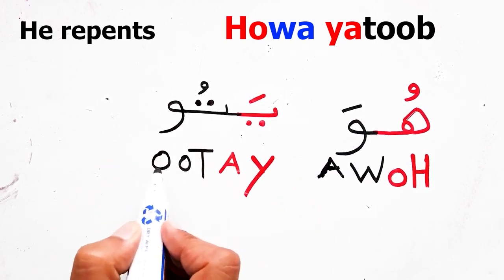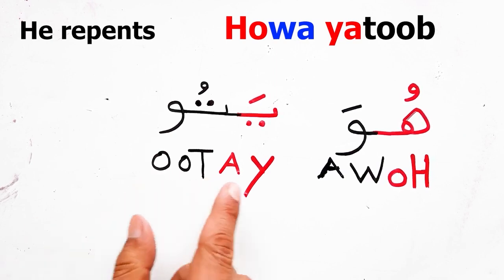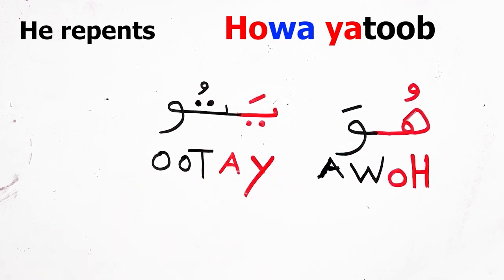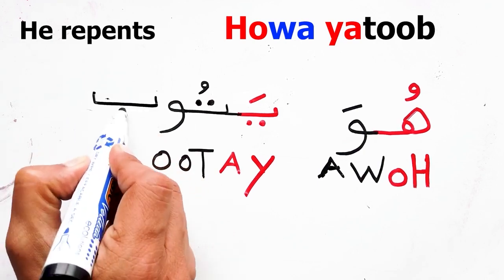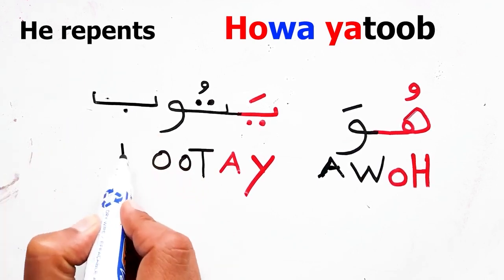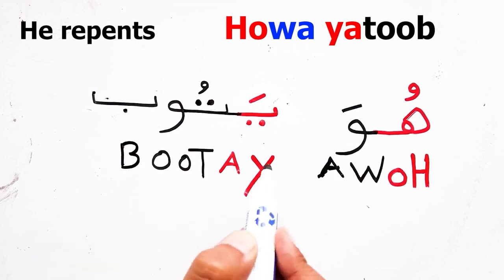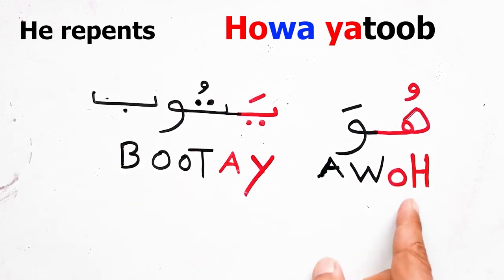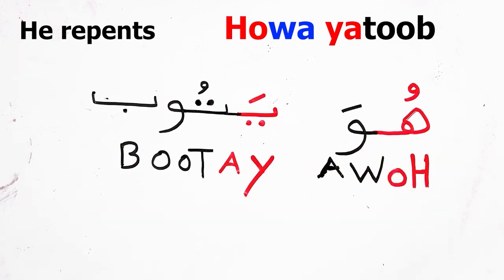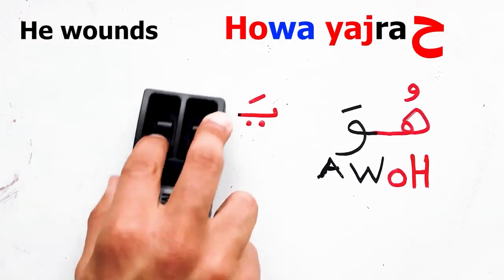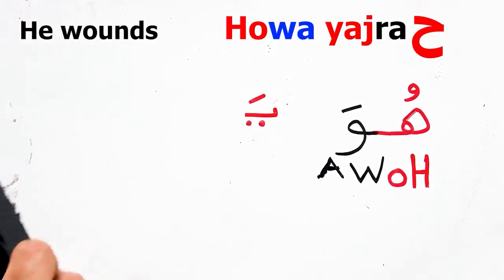So I added another O here. Tu. يتوب. B. The sound of B, which is ba in Arabic. Okay, توب يتوب. هو يتوب. هو يجرح.